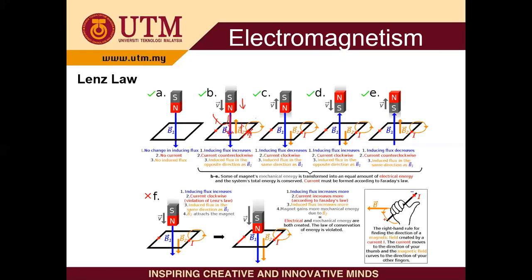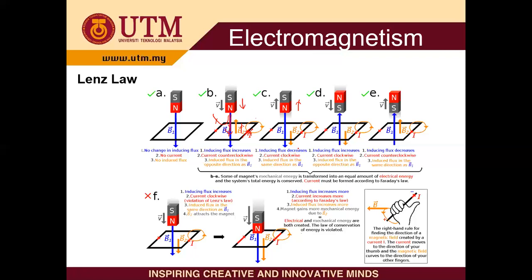Same again, when you push out this magnet, the inducing flux will decrease. So the coil here will induce a current that opposes the change of the flux.